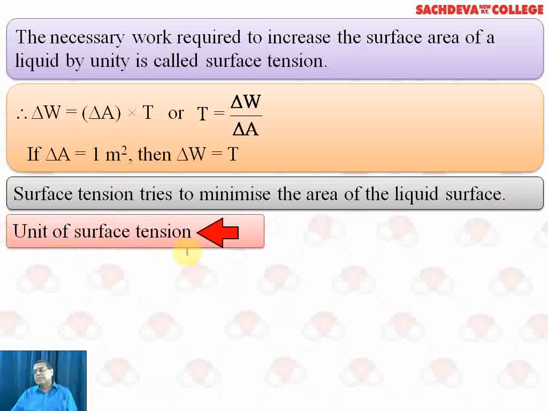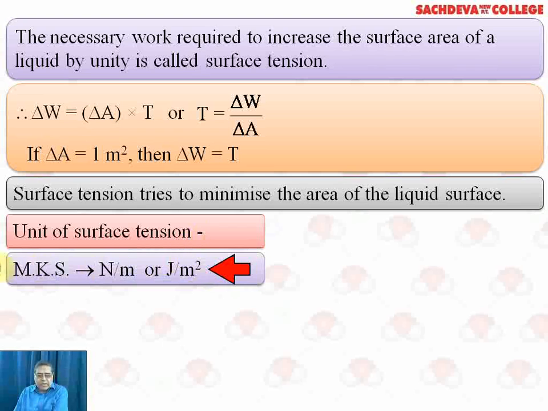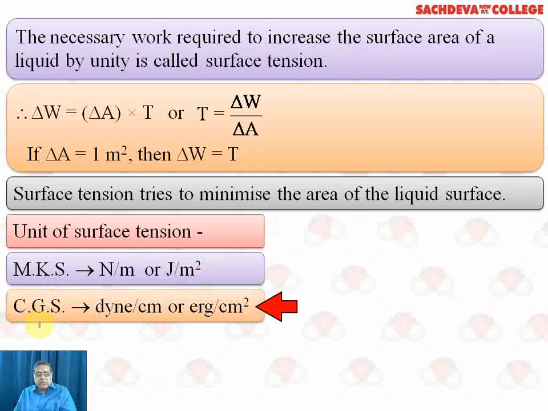The unit of surface tension, as I have explained earlier, is force per unit length: Newton per meter in MKS, and dyne per centimeter in CGS. So the MKS unit is Newton per meter or Joule per meter square, that is work per unit area, or force per unit length. The CGS unit is dyne per centimeter or erg per centimeter square.